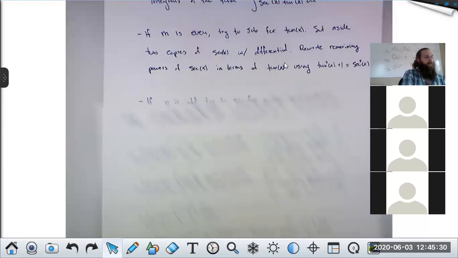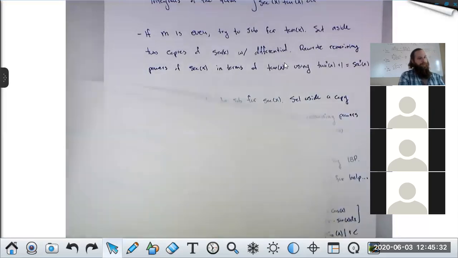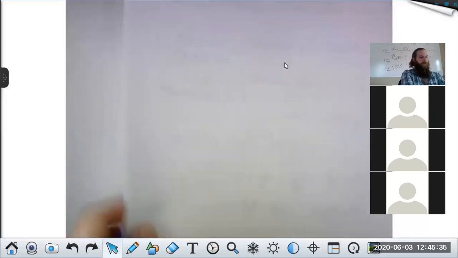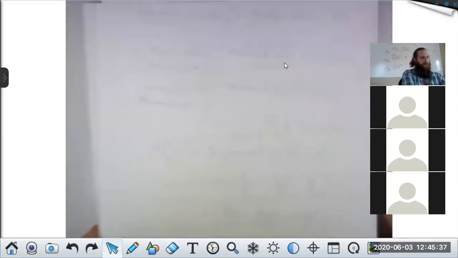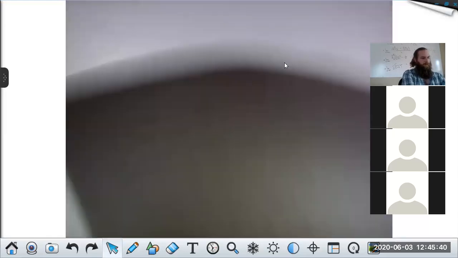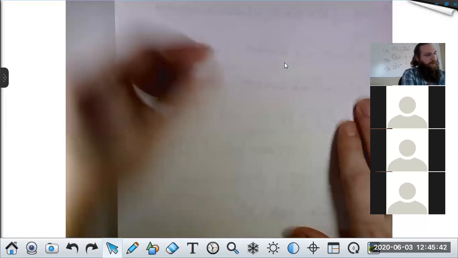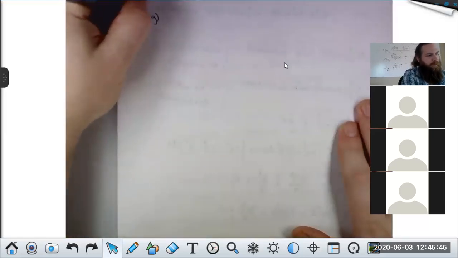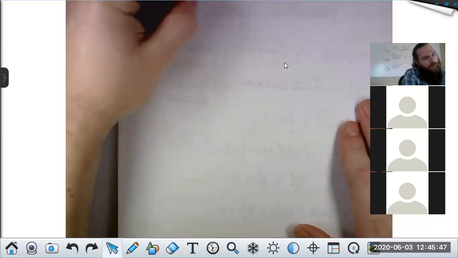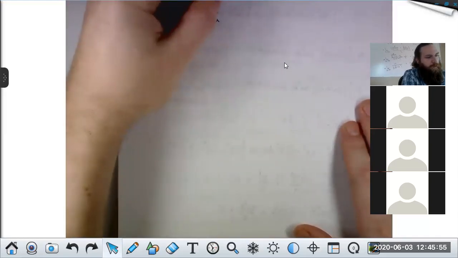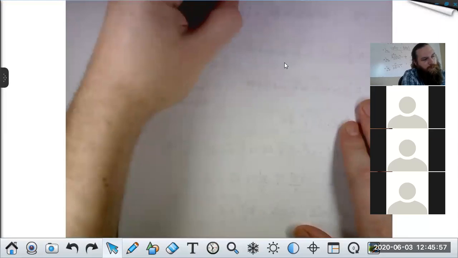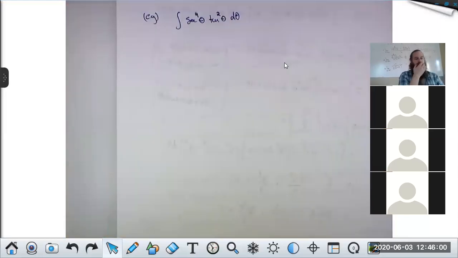What if I have an even power of secant? Here, the power of secant and the power of tangent are both even.